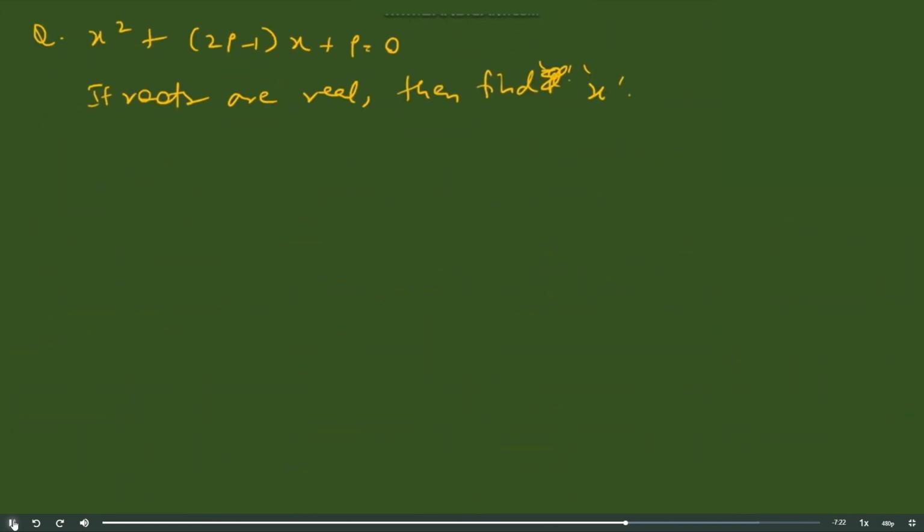Next question. A piece of rod costs 60 rupees.